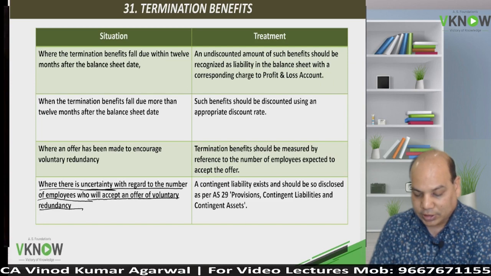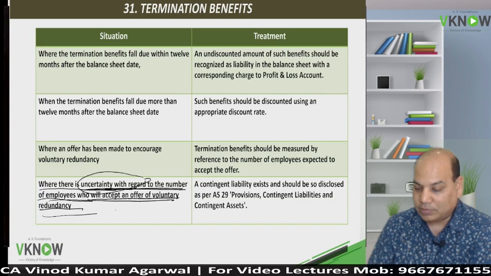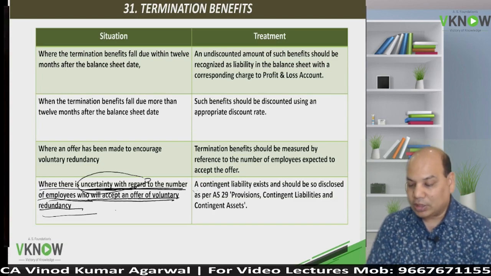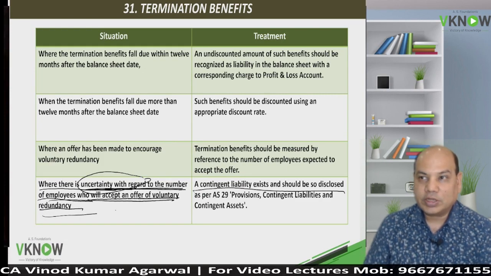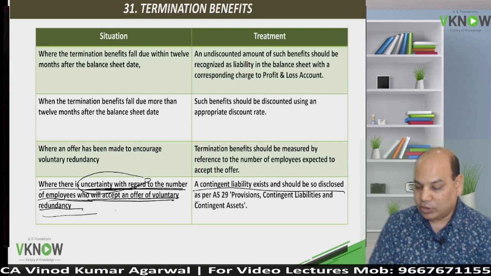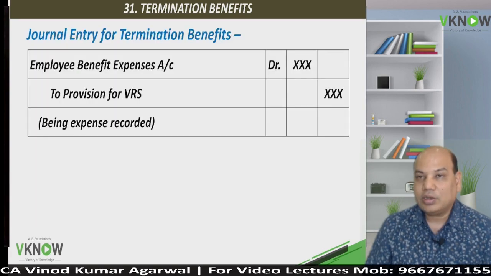We don't know how many employees will opt for it. Then we can create a contingent liability because I don't know whether the employee will accept or not, how many of them will accept or not. So we can create a contingent liability as per AS 29.